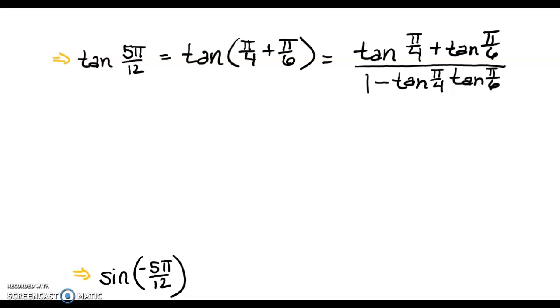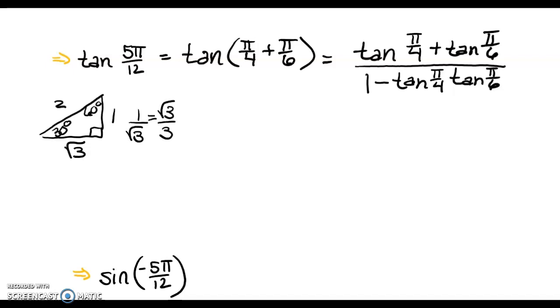All right, so I need the tangent of pi over 6, so that's a nice 30-degree angle. So this is 30 degrees. So the tangent, this is going to be 1, 2, and radical 3. So the tangent's going to be 1 over radical 3, which is radical 3 over 3. All right, so the tangent of pi over 4 is 1.